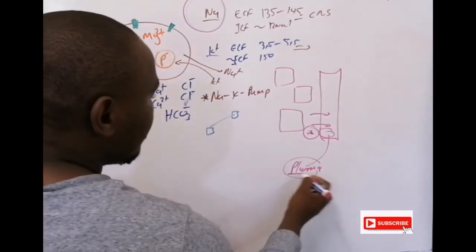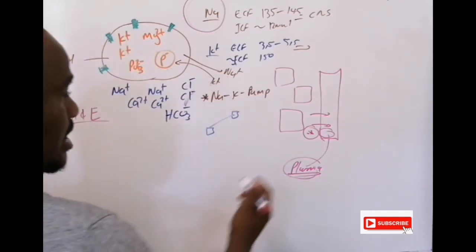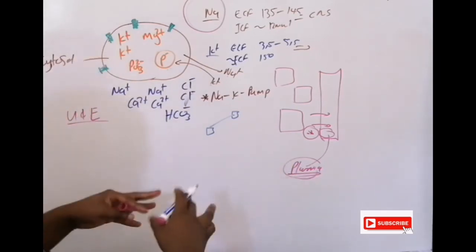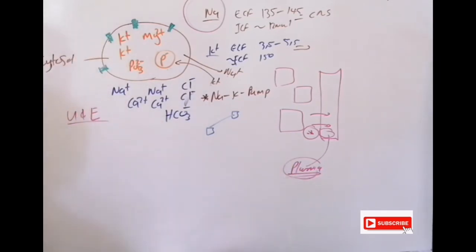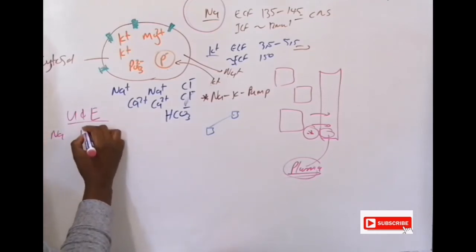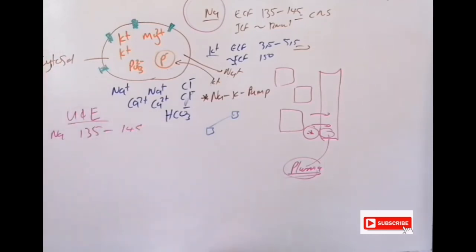If I take a plasma sample, it gives me a reading or an idea of what is happening in the interstitial space, right? So when I take my blood, I want my sodium to be between 135 to 145. That is normal.